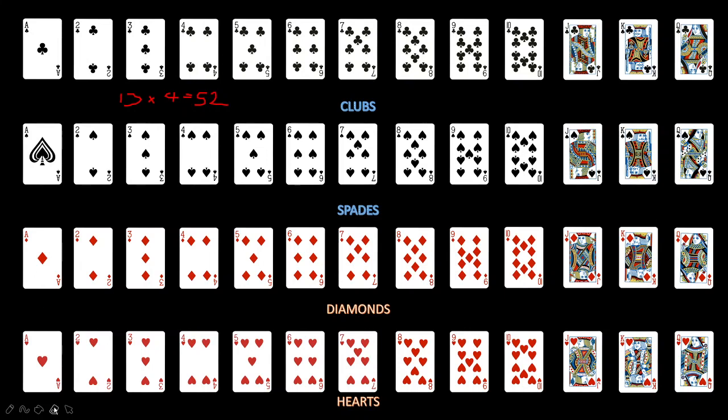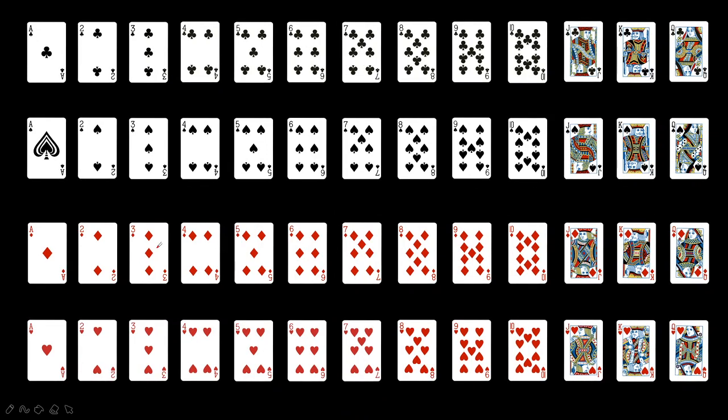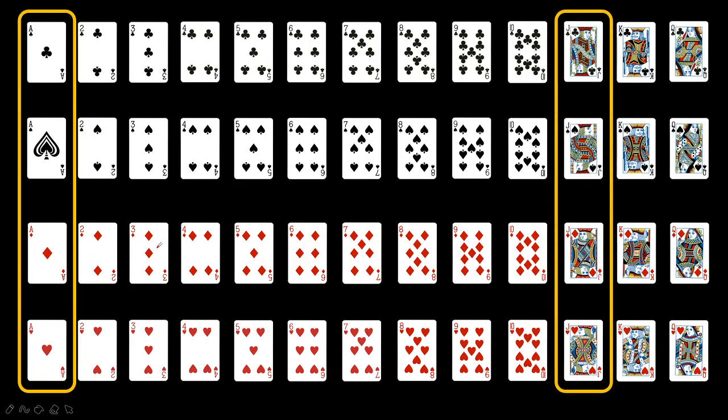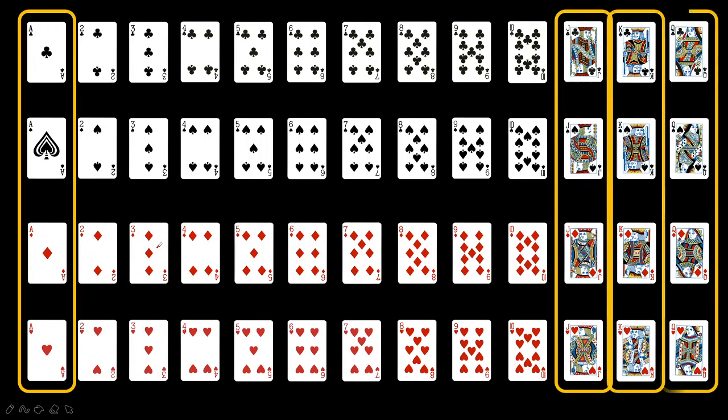Now these 4 cards, and then these 4 cards, and these 4 cards, and these 4 cards: these sets of 4 cards have different names. For example, this is called ace, which actually refers to 1. Instead of 1, they call it ace.